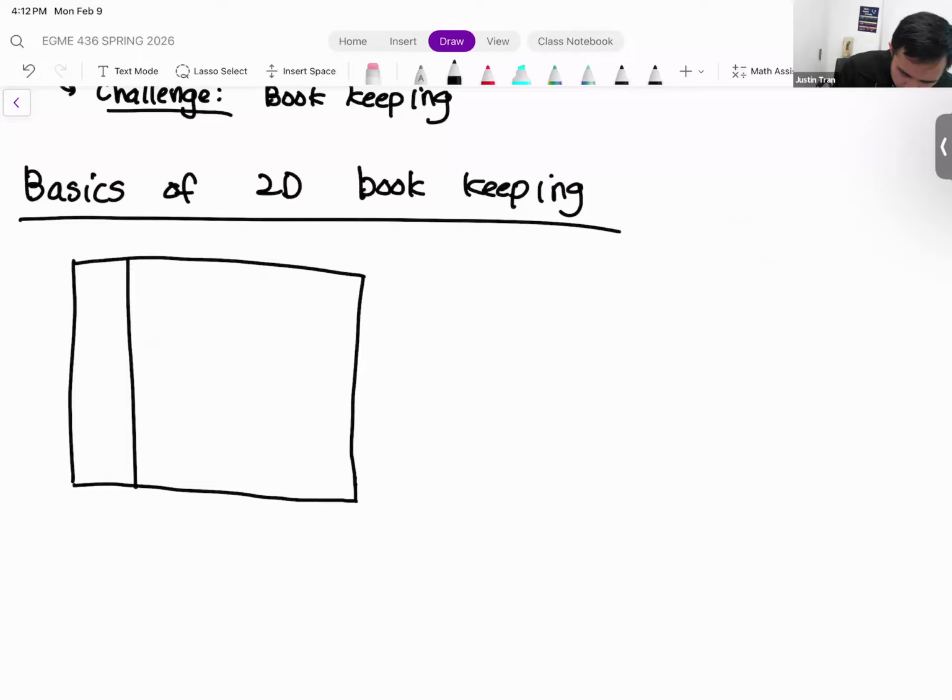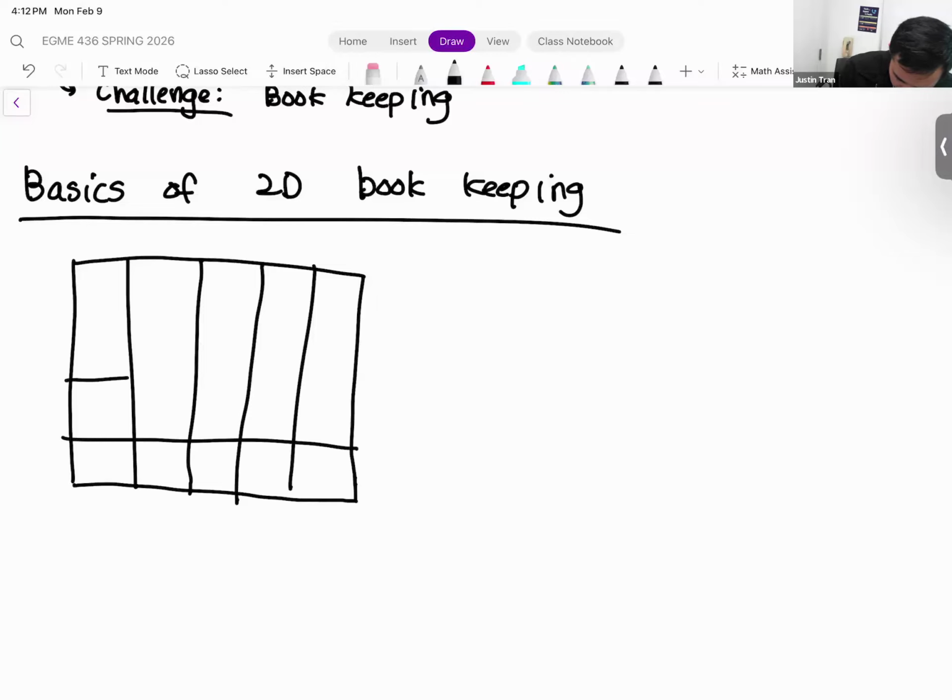Let's put a grid on this, and so let's put a waffle. All right, so this is the simplest two-dimensional domain that you can come up with. And let's define some variables that we use here.